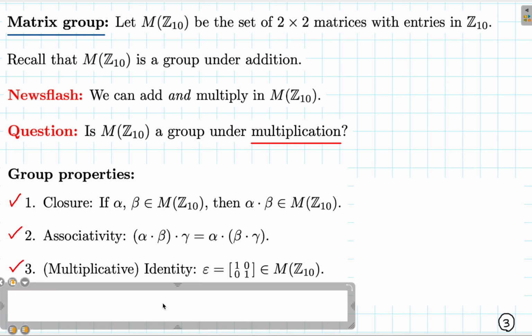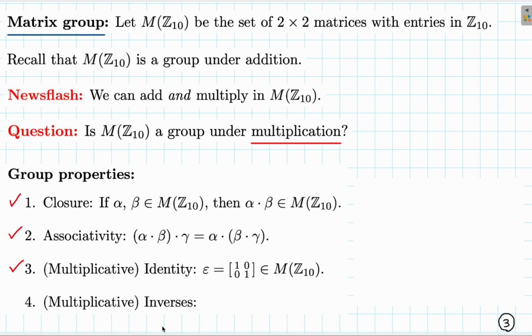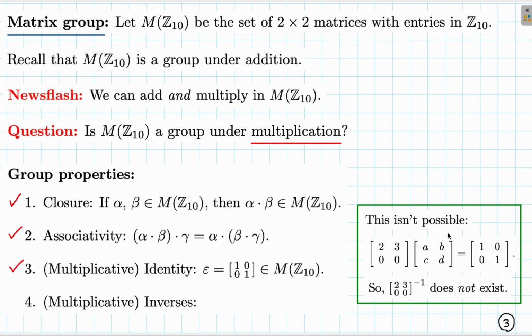But then we run into inverses once again. And as you saw in the classwork, for instance, the matrix [2, 3; 0, 0] multiplied by any matrix will never equal [1, 0; 0, 1]. In particular, this bottom row, if we multiply [2, 3; 0, 0] by any matrix, will always equal 0, 0.